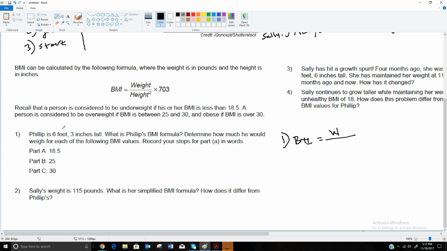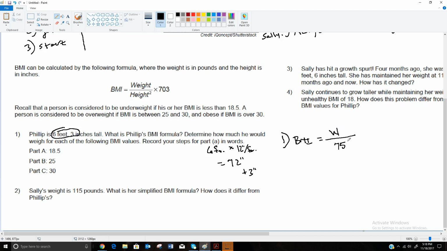Remember, height has to be in inches, so we're going to take 6 feet 3 inches and switch it into inches. So 6 feet times 12 inches per foot is going to give us 72 inches. And then the additional 3 inches will give us a total of 75 inches.